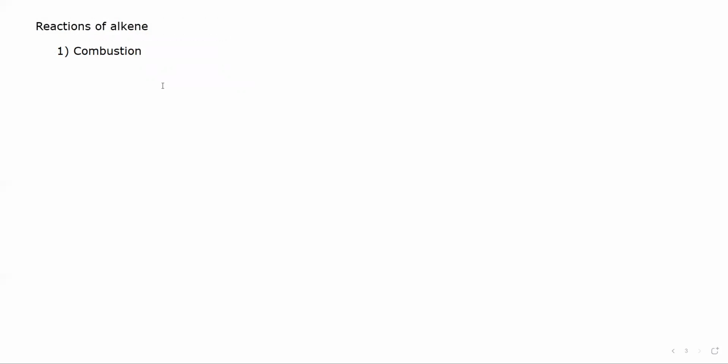So for any alkene, generally a complete combustion will result in a formation of carbon dioxide plus water. Because these are hydrocarbons, that's why the products will be carbon dioxide and water for a complete combustion.